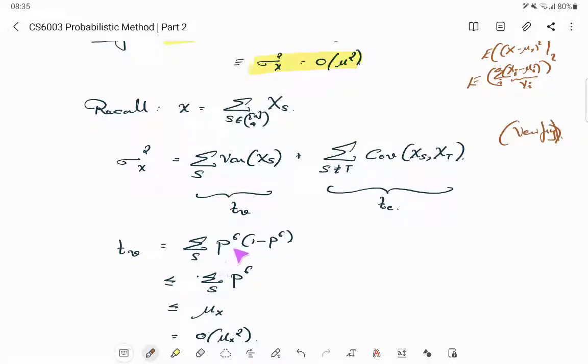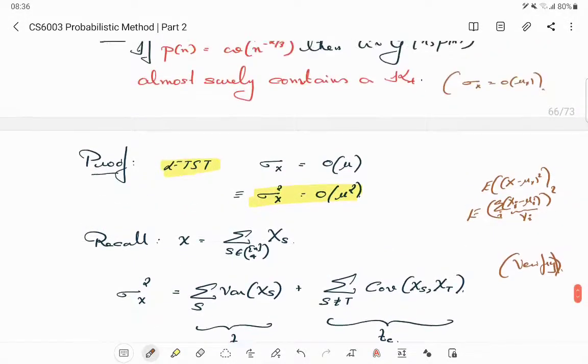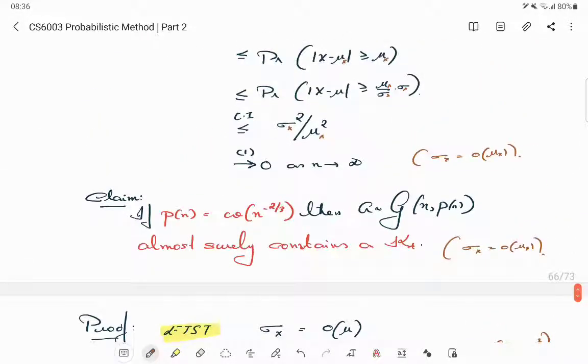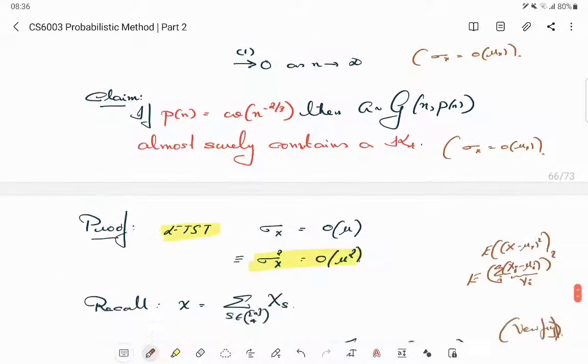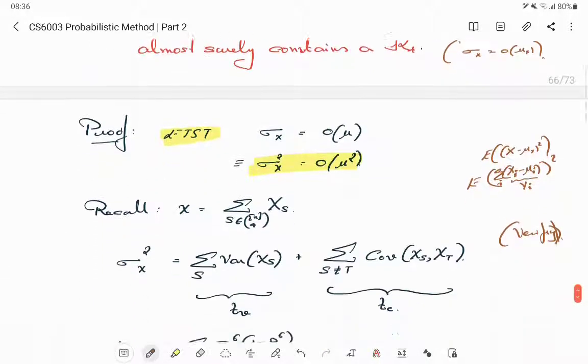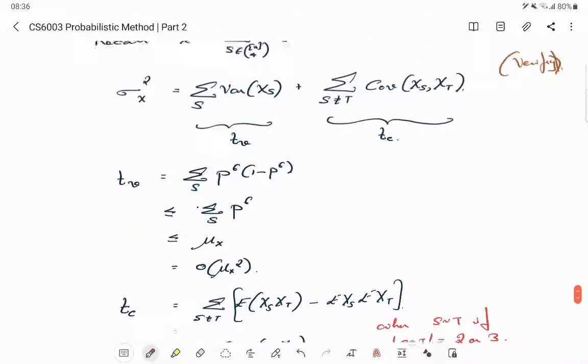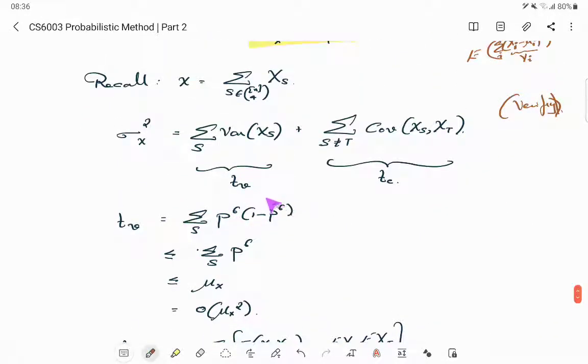But keep in mind, as I mentioned earlier, that we are not interested in calculating the variance exactly or even estimating it accurately. We are only interested in proving that the variance is little o of mu squared. So all these approximations are justified.